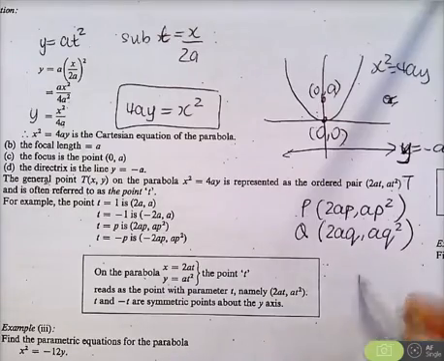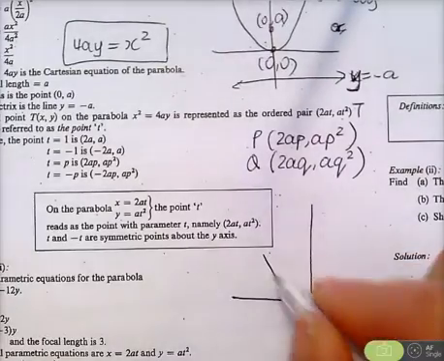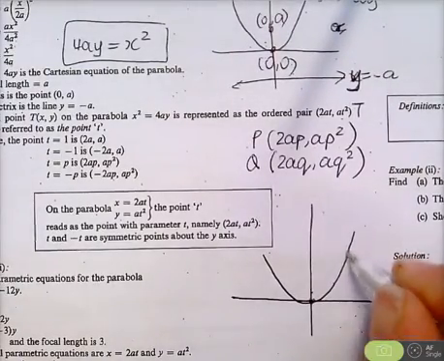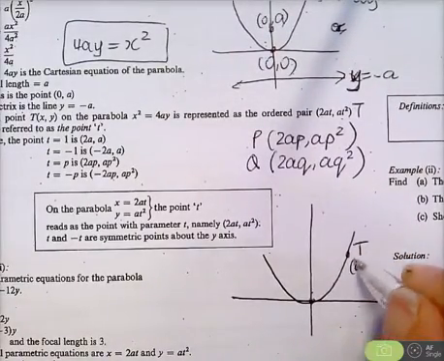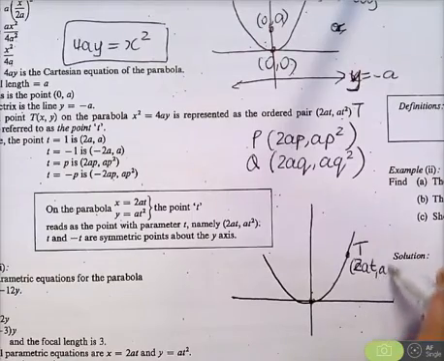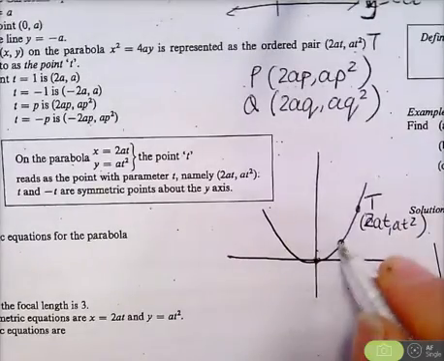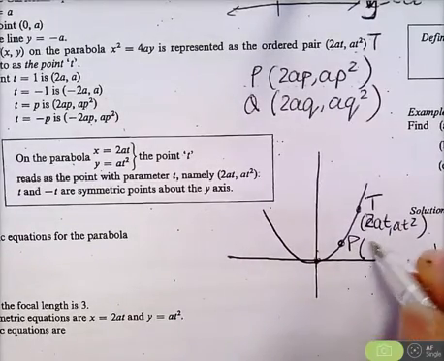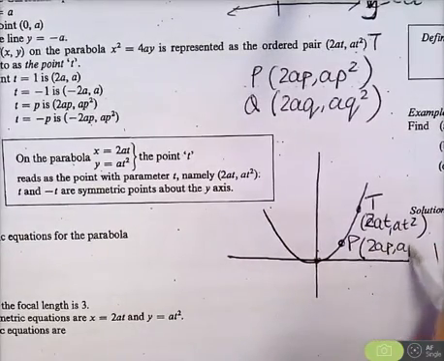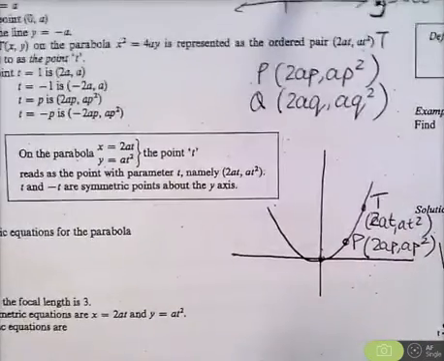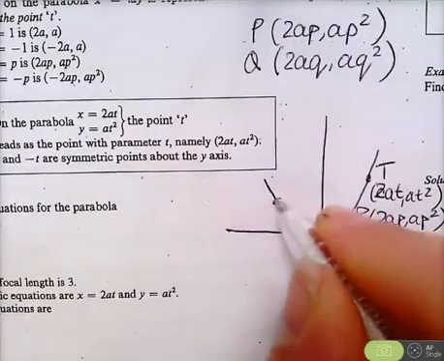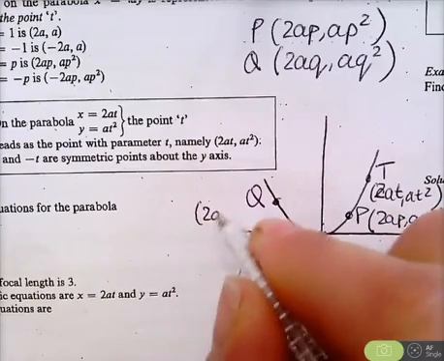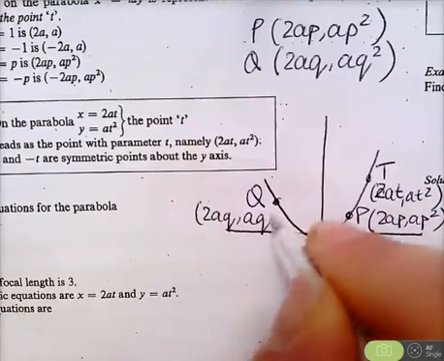So I'll just show you what I mean by that. Now, just watch. You know how the general point, say point T, is 2at, at squared, yeah? If I've got point P, I'll call it 2ap, ap squared. It's in that format. Do you get the idea? If I've got point Q, I'll call it 2aq, aq squared.